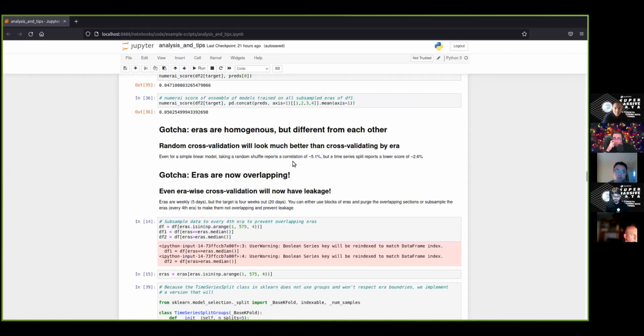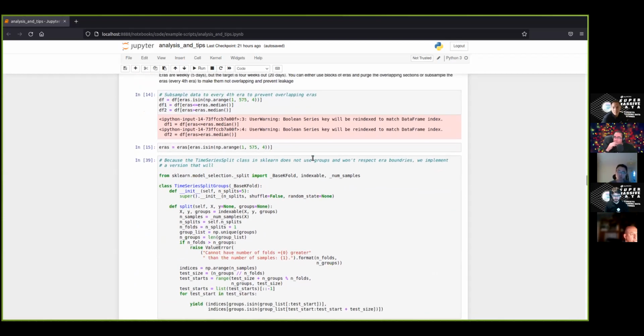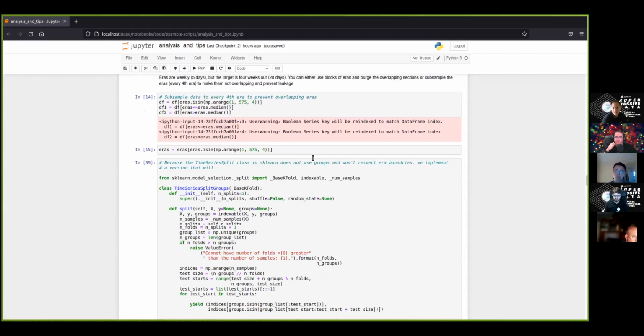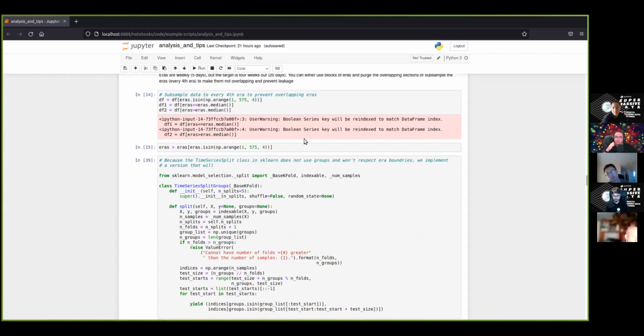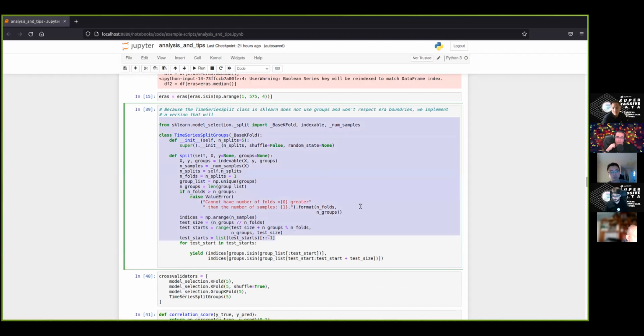So let's see. This is very similar to the previous one, just showing 4 different ways of doing cross-validation. The new thing in here is this time series split groups, which is something we talked about earlier. It's basically the time series split, but it works with the groups.